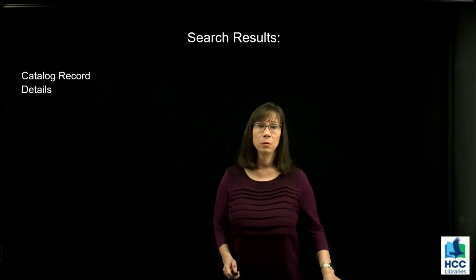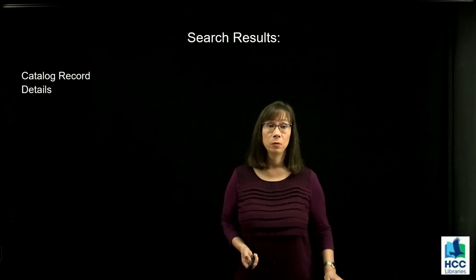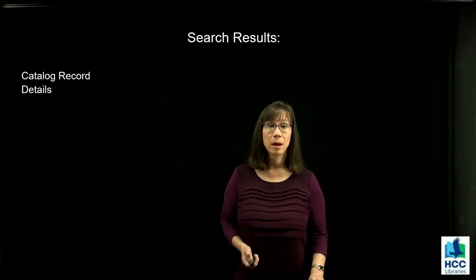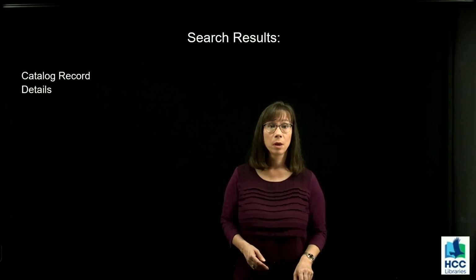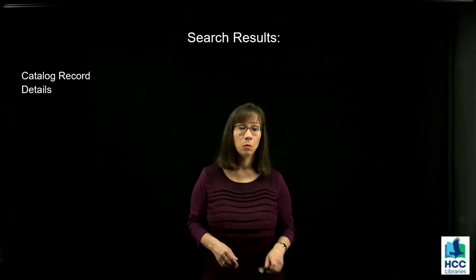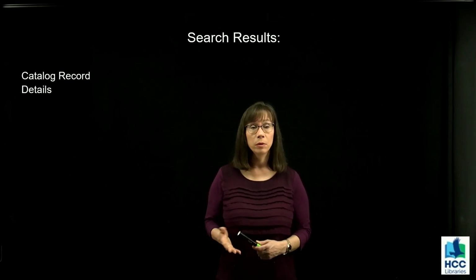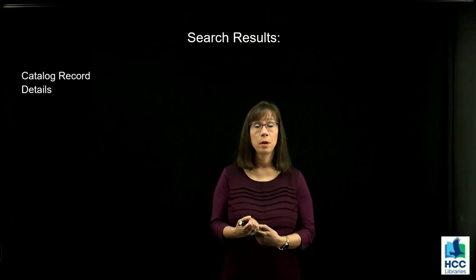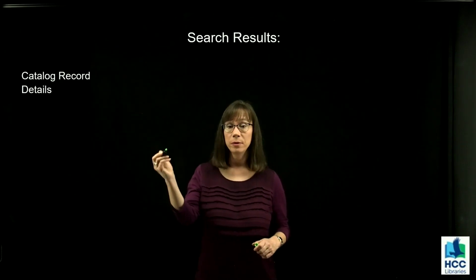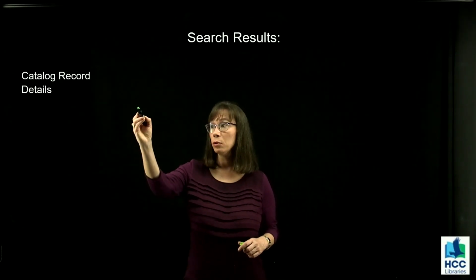When you determine which resource in your search results you want to review further, open up the full catalog record of that resource. The catalog record will provide you with more details about that resource before you even go in and read the article or the book. What are we looking for here that helps you evaluate whether or not this resource is appropriate for your research needs?